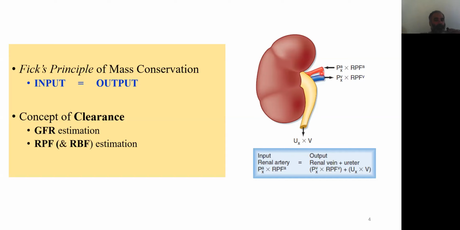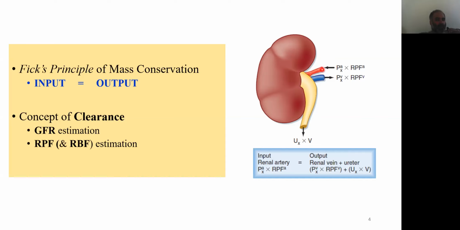So when we apply this whole concept to clearance, and then apply clearance to estimate GFR and renal plasma flow, basically what we are saying is, if we were to tag or use, let's say, I'm using this highlighter, you see this highlighter, this red dot.